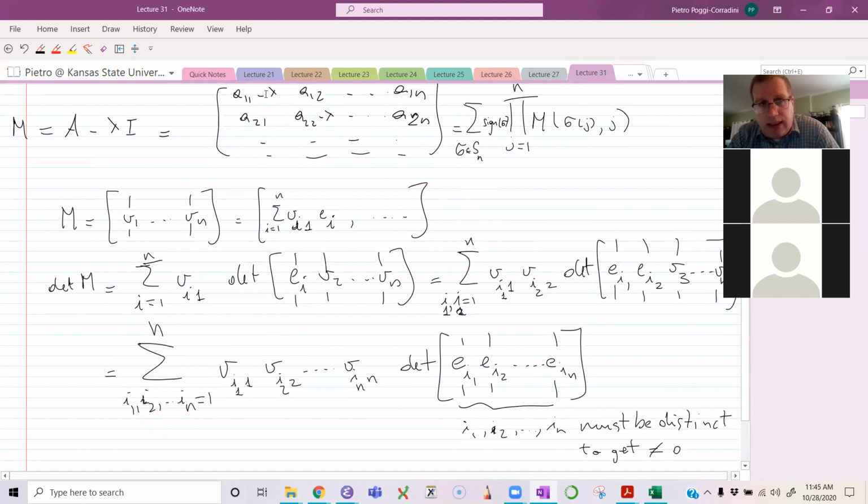All right, so in every column, when you pick a row, there's a chance that you pick the entry that has a lambda in it, right? But you might not, right? So the worst you can do is pick lambda n times.